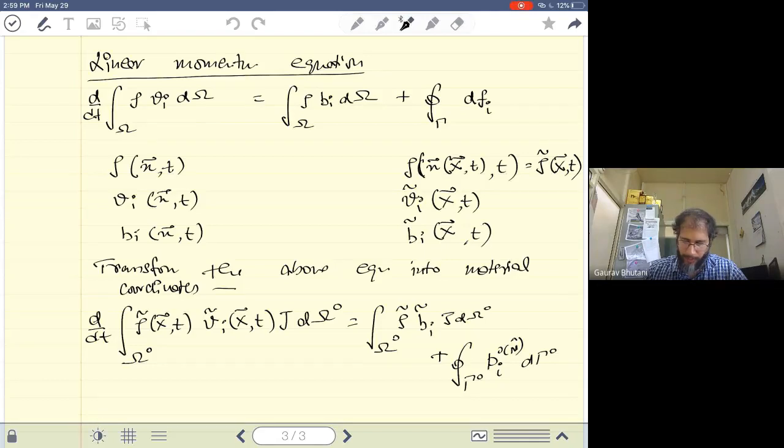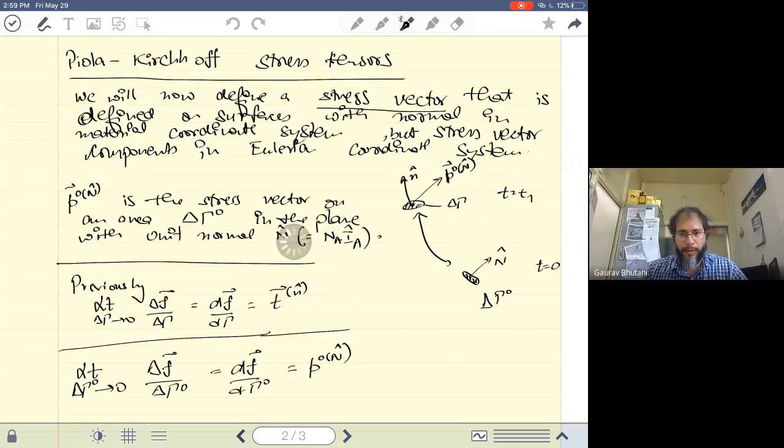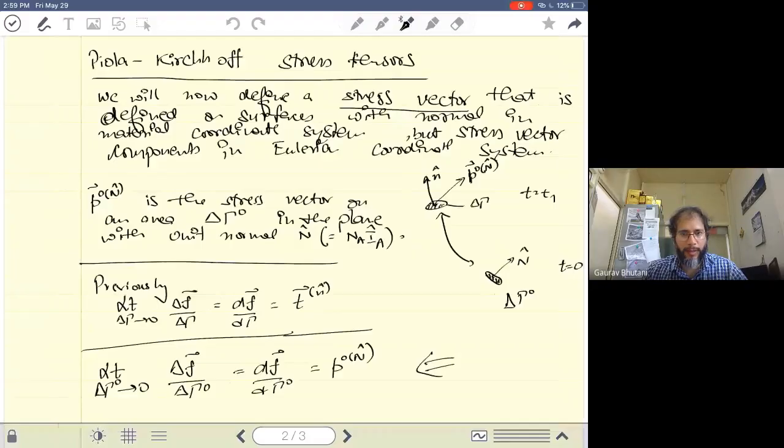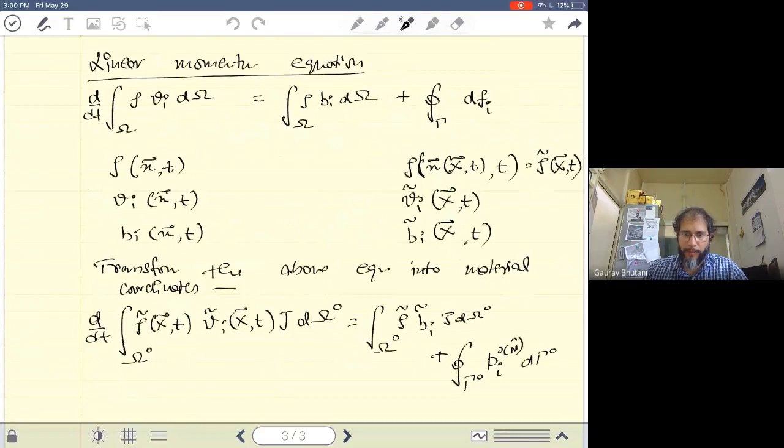From this definition and the last equation in this slide, number 2, we can see that P naught n hat times d gamma naught is what dF vector is. So let's come back to the equation that we're working with. This is what we have. So what we have done effectively is that we have transformed everything to the Lagrangian or the material coordinates, and all the integrals also are now in the material coordinates.